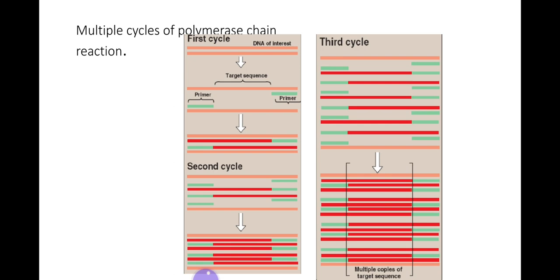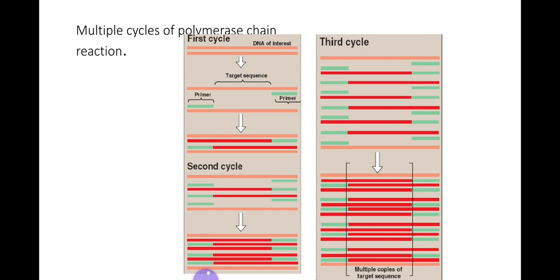And I have told you before that Taq polymerase is the enzyme which is obtained from the bacterium Thermus aquaticus. It lives in high temperature. This enzyme is particularly used in PCR because we have to increase the temperature up to 95 degrees C. This enzyme does not denature at the high temperatures.